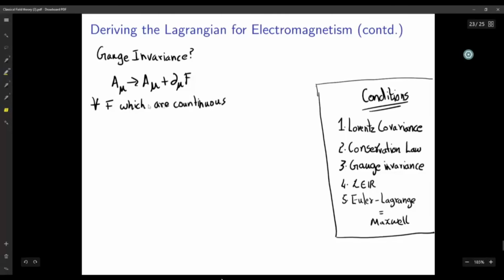And I'll explain why we're making this assumption. So I make this change in my definition of A mu. It's A mu, but it's A mu plus dou mu f, minus the other guy right here.